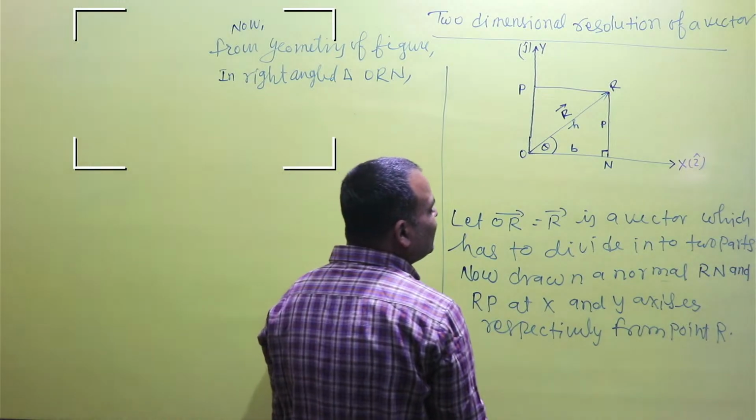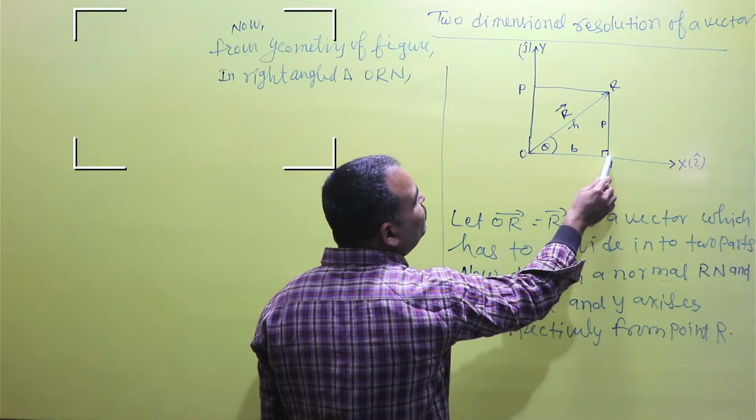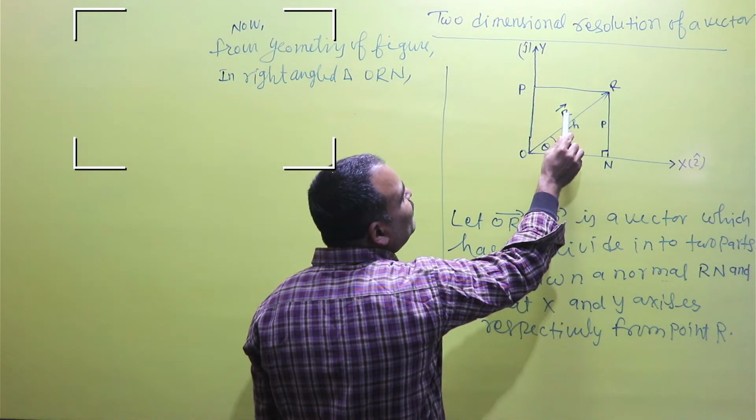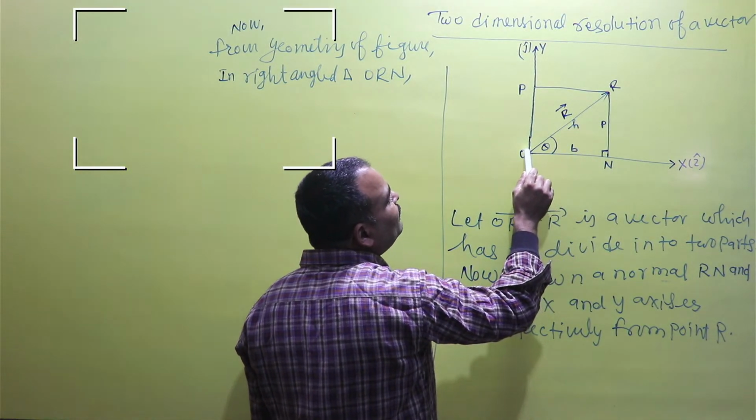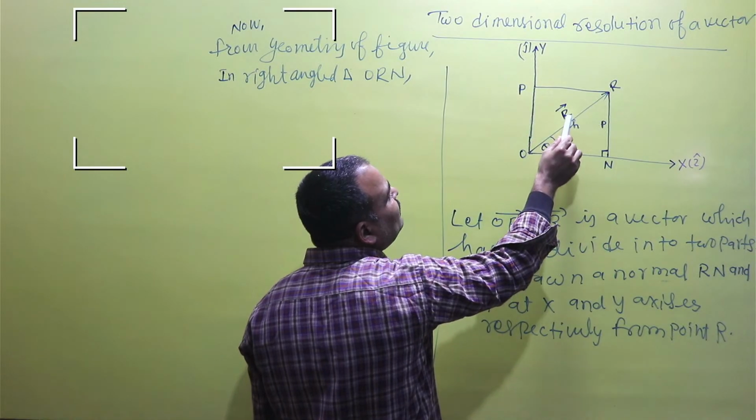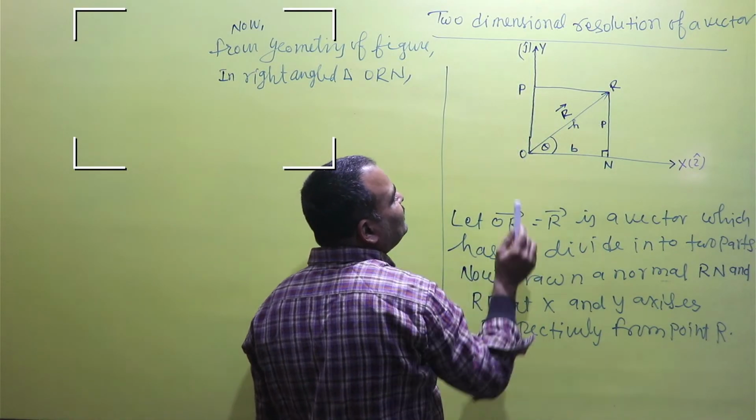So we can find the value of ON, the component of vector R along x-axis, and we can also find the value of OP, the component of vector R along the y-axis.